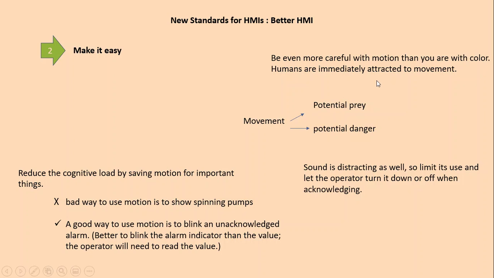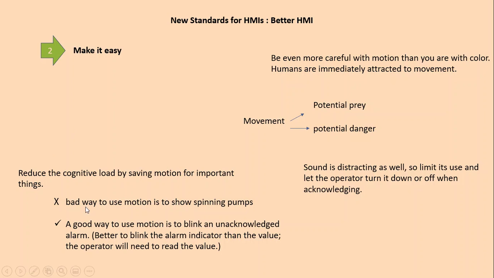Use of moving things or motion should be very limited. It can be done, but it should be saved for very important notifications, because movement potentially displays two things: either it is very dangerous or some opportunity.